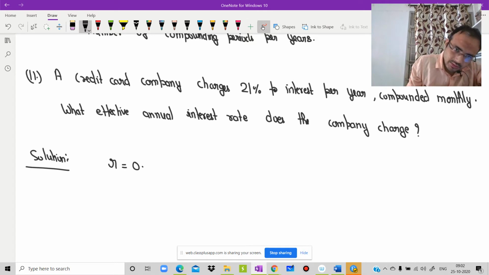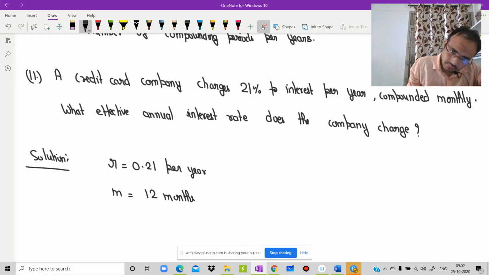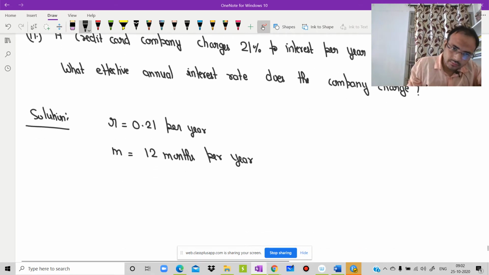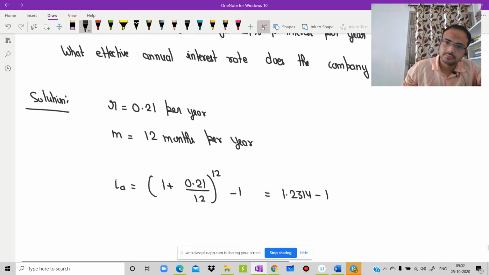The value of R is given as 0.21, that is per year. M is equal to 12 months per year, because it is compounded per month and in 1 year there are 12 months. Then I_A is equal to (1 plus 0.21 divided by 12) to the power 12, minus 1, or 1.2314 minus 1.